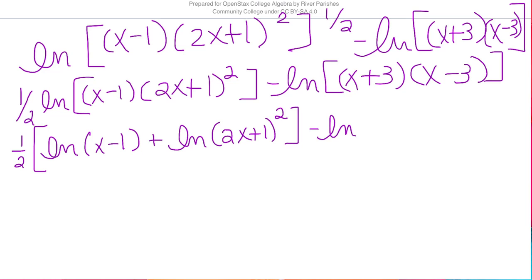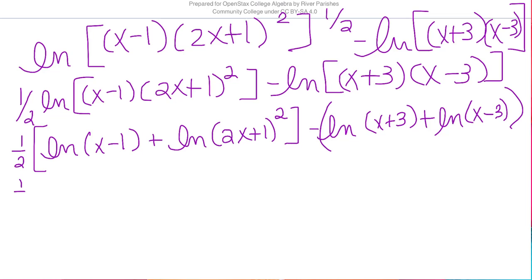Minus the natural log of, this is a product as well, so we can write it as a sum: the natural log of (x plus 3) plus the natural log of (x minus 3). Now notice I have that whole thing in parentheses, and I'm subtracting all of that. So back to the front, I've got 1/2 times the natural log of (x minus 1) plus, look what we're going to do here: we're going to take this 2 and move it to the front of that.